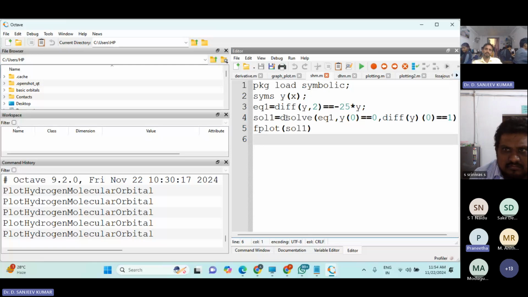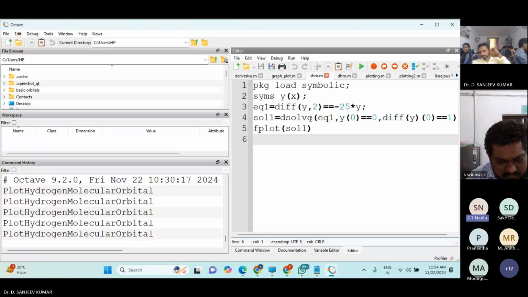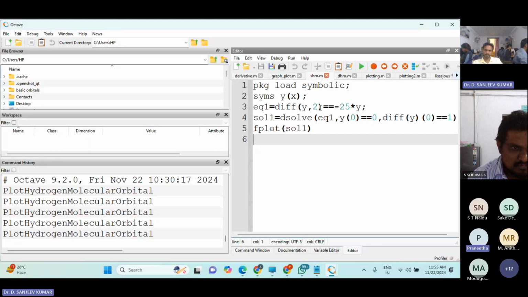To solve that equation, I have to use the command dsolve. Dsolve is used to solve differential equations. I'm supplying the equation 1 as input, and I'm giving initial conditions. Since it is a second order differential equation, I have to use two initial conditions: y0 and the differential of y0.